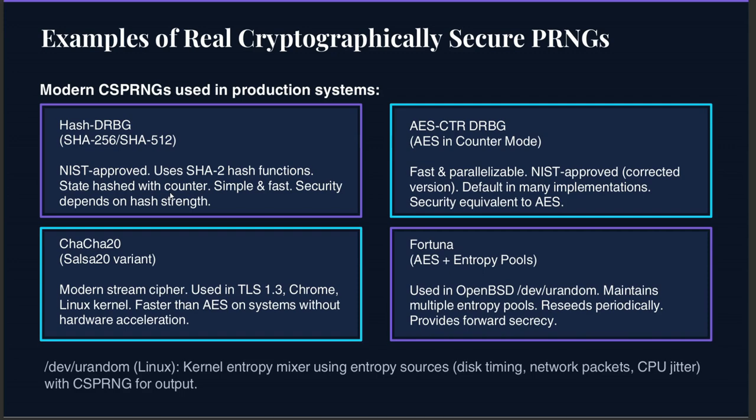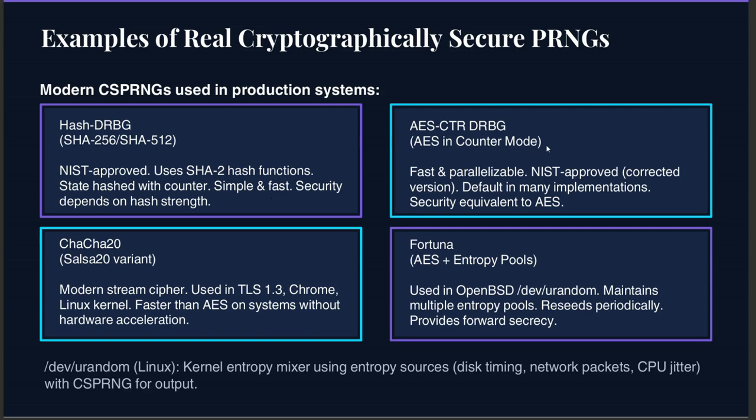Hash-DRBG repeatedly hashes the internal state along with a counter and entropy updates. Because a secure hash function behaves almost like a random function, the output becomes cryptographically strong. One major advantage of Hash-DRBG is simplicity. It is elegant, efficient, and easier to analyze mathematically.